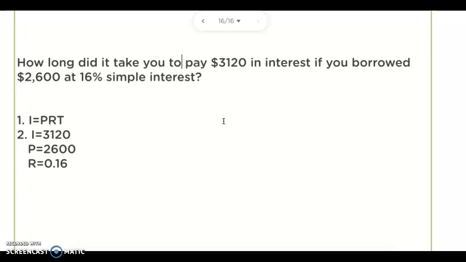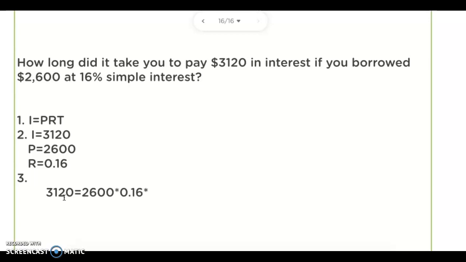Now we're going to set it up in our formula, and then we're going to solve. The formula is I equals PRT. I is the interest, so that's 3120. I equals our principal, 2600, times our rate, which is 0.16, multiplied by our time.